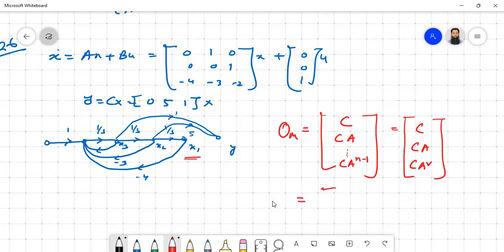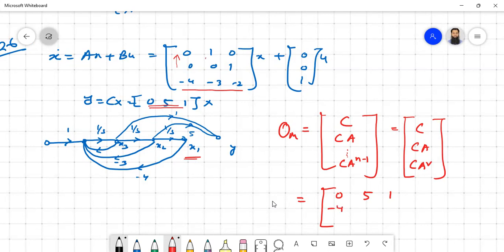So the first row is C, that is 0, 5, 1. Then the A matrix will be multiplied with this one. The first column multiplied gives 0, 0, -4, so -4 will be sitting here.